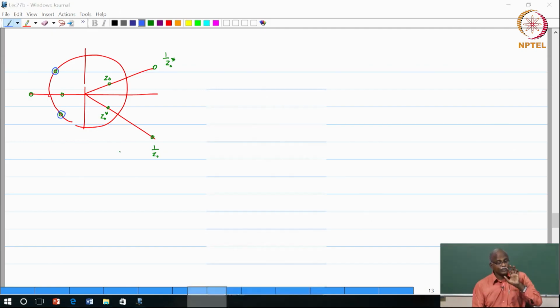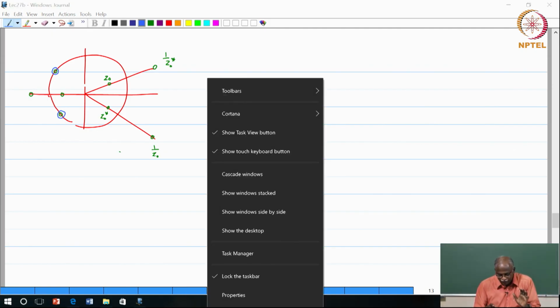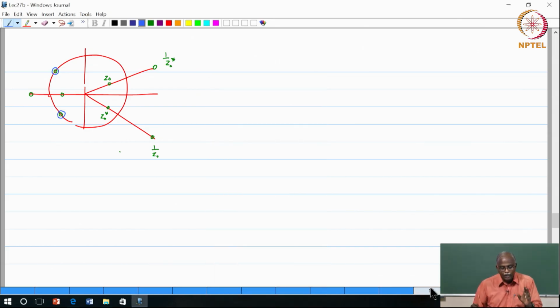Now, this is very significant, very important for the following reason. If this is my zero configuration, what is it? I can have quads, I can have reciprocals on the real axis, and I can have double zeros on the unit circle.